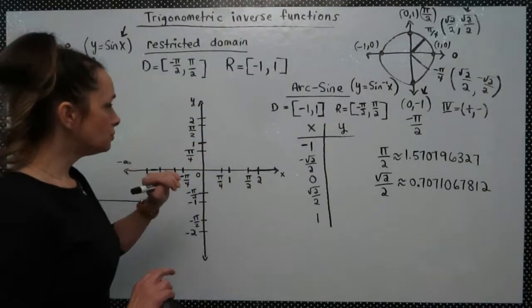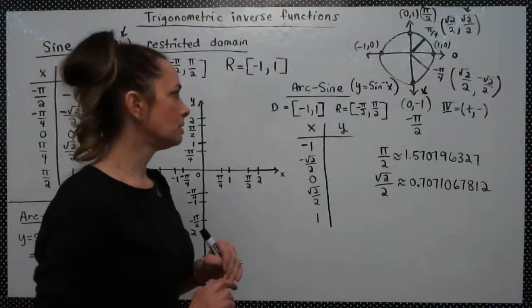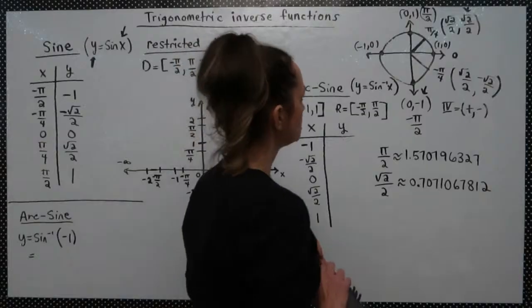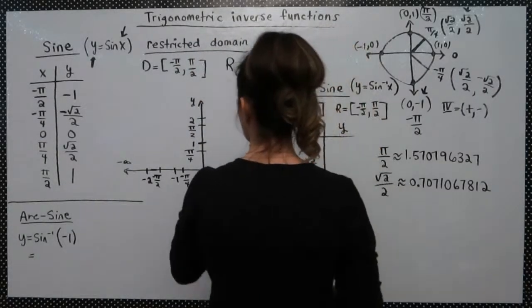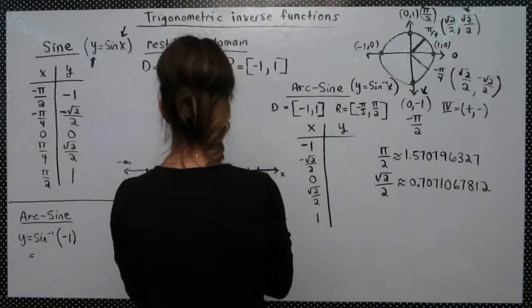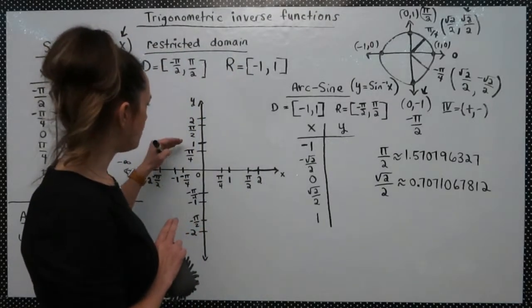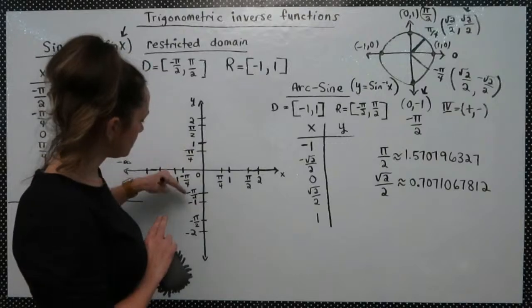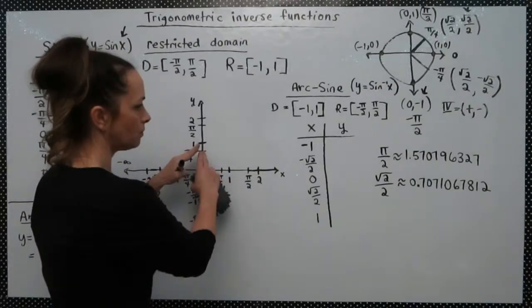It's only existing between -1 and +1, so it's only this little area around the origin.